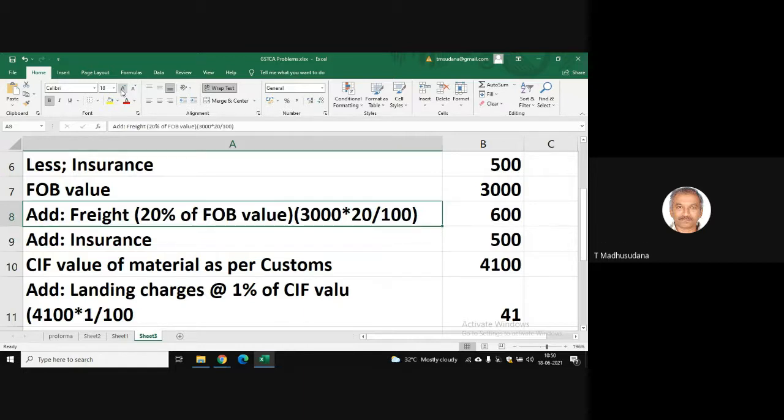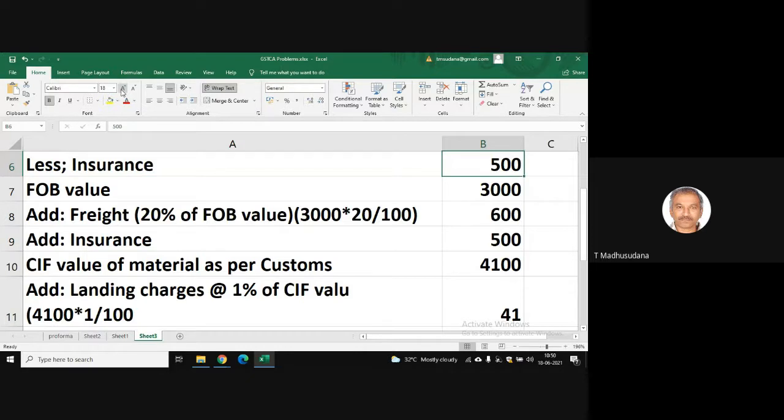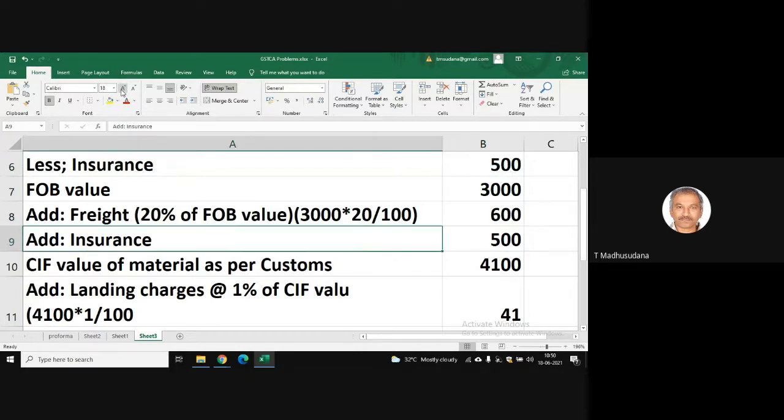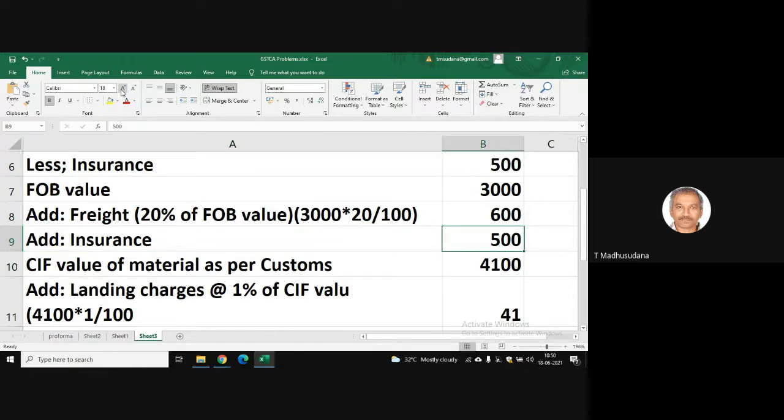But in this problem, insurance is given, let's say 500 US dollars. Therefore, the actual insurance will be taken. If it is given, the actual insurance amount will be taken into consideration. If it is not mentioned in the problem, then only you have to calculate 1.125% of FOB value. Since the insurance has been given, both these items have been added to the 3000, that is, total CIF value as per customs is 4100.